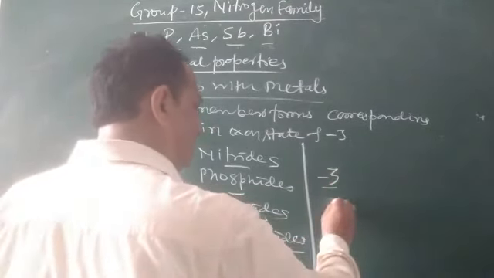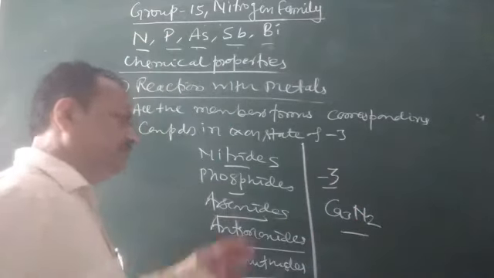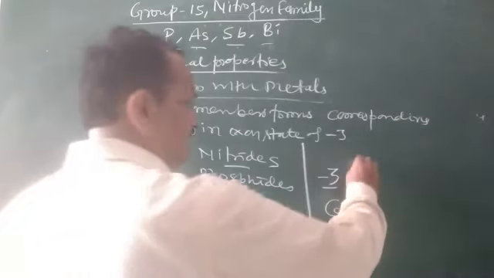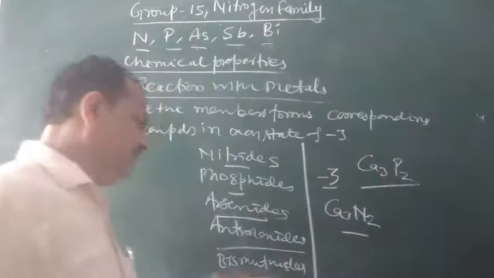Like calcium nitride, then calcium phosphide also, Ca3P2, and similarly arsenides, which are highly poisonous.